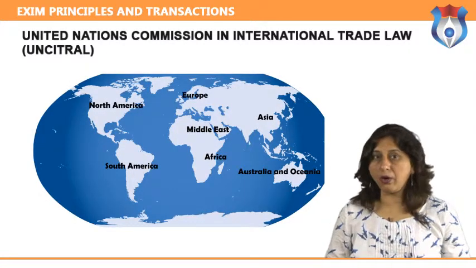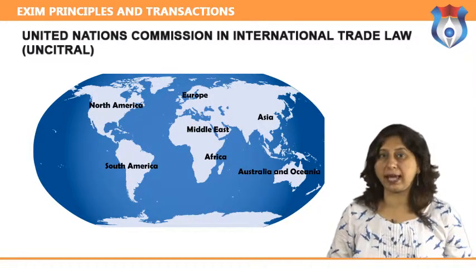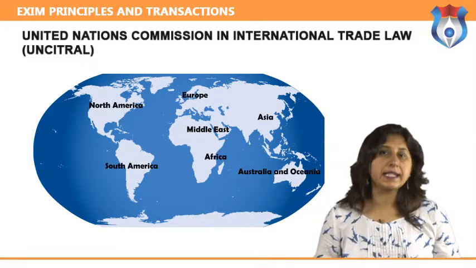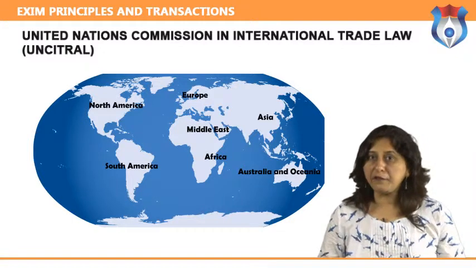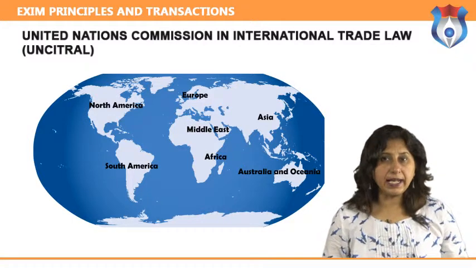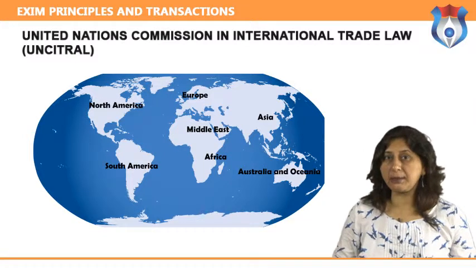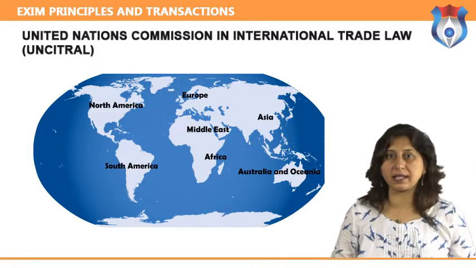Structured to ensure that the various geographic regions and the principal economic and legal systems of the world are represented, the 60 member states include 14 African states, 14 Asian states, 8 Eastern European states, 10 Latin American and Caribbean states, and 14 Western European and other states.